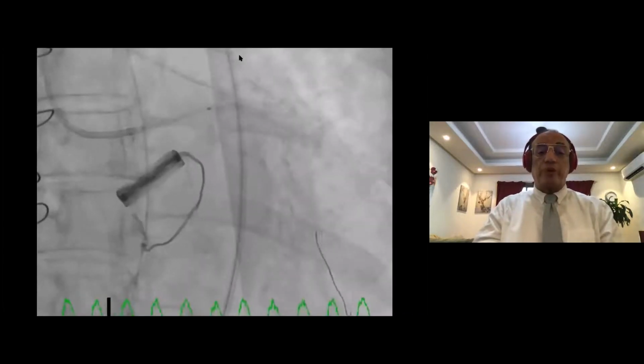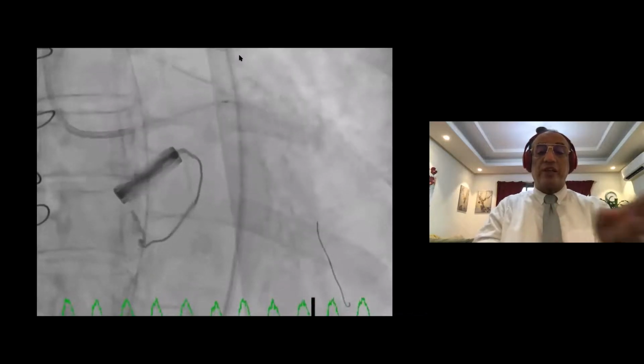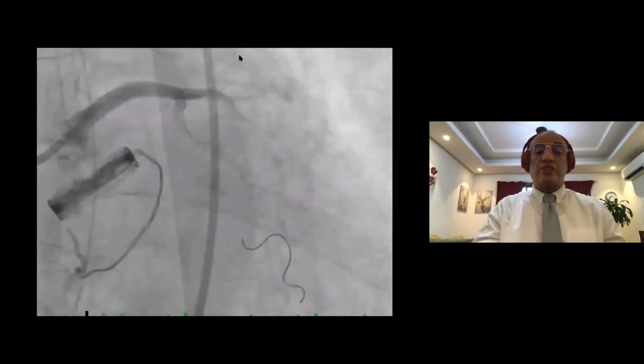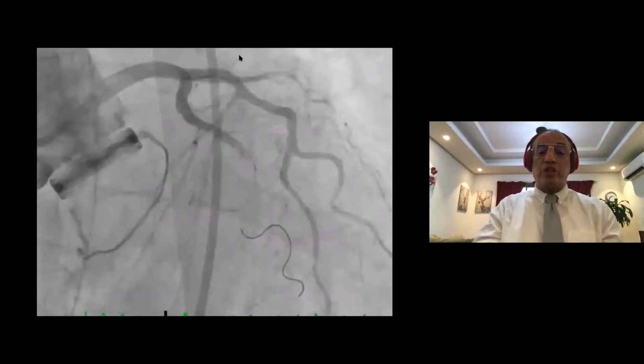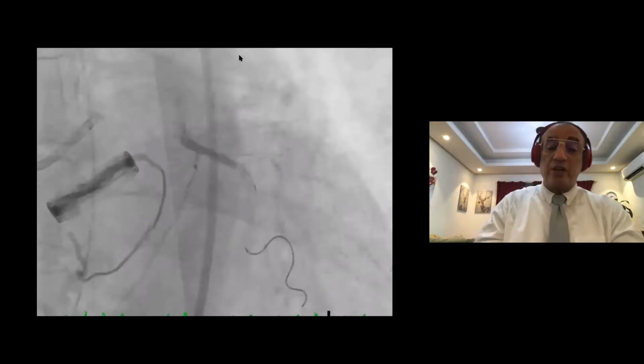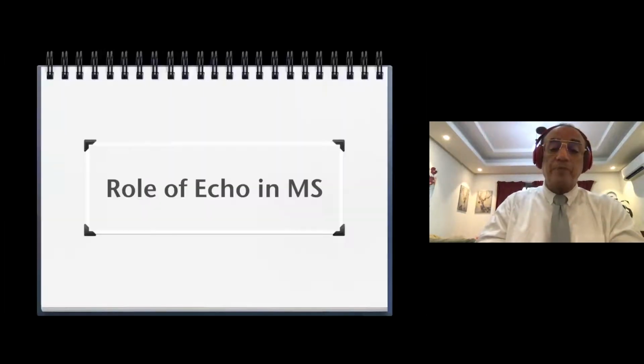Definitely, we pushed this patient to the cath lab and did thrombus aspiration, and you can see now the aspiration catheter moving from the left main to the LAD, and we did successful thrombus aspiration with some distal embolization in the left circumflex, and the patient was saved after this thrombus aspiration.